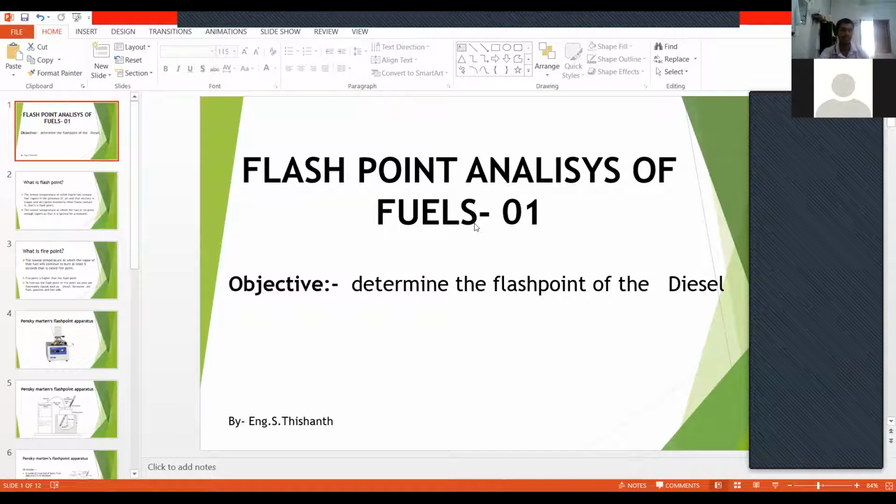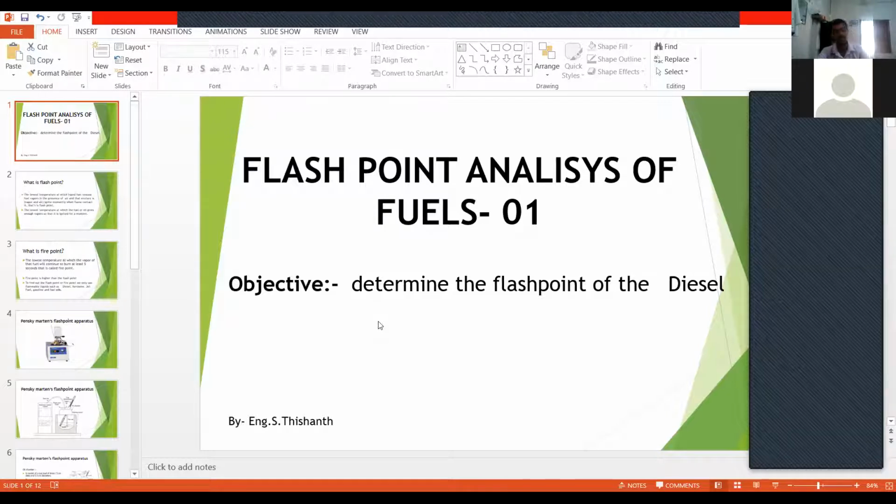There are different types of fuels we are using, a lot of fuels, and we can also use this experiment for fuel oil, lubricating oil, to find out the flashpoint, right? So there are two practicals regarding this flashpoint analysis.